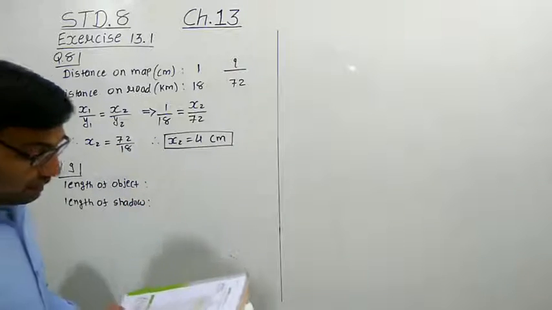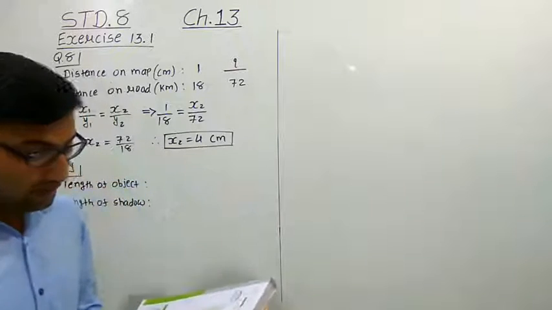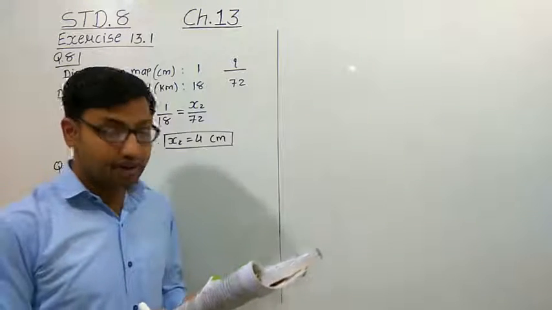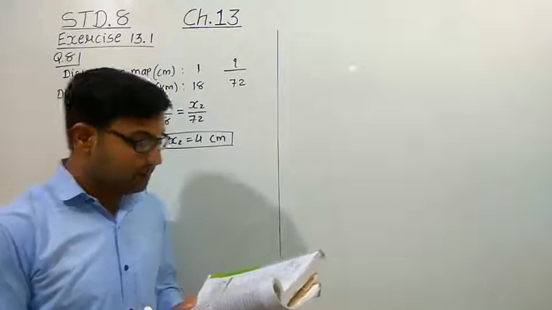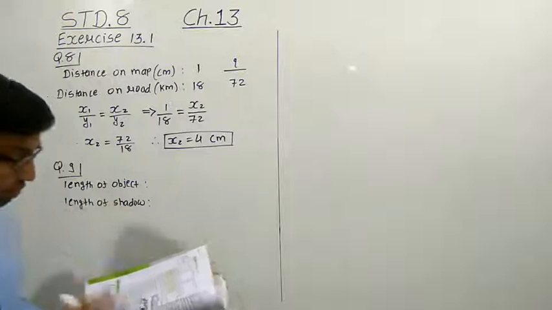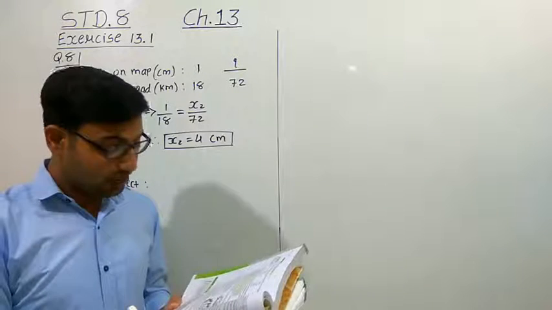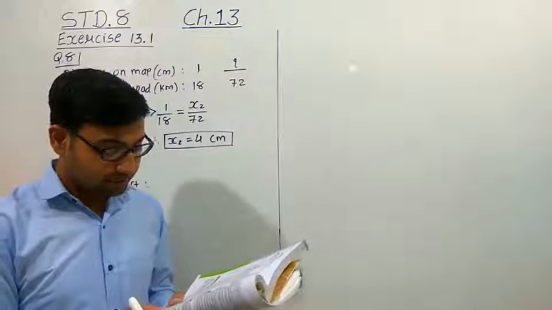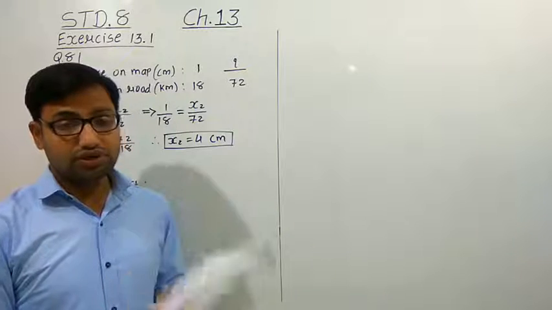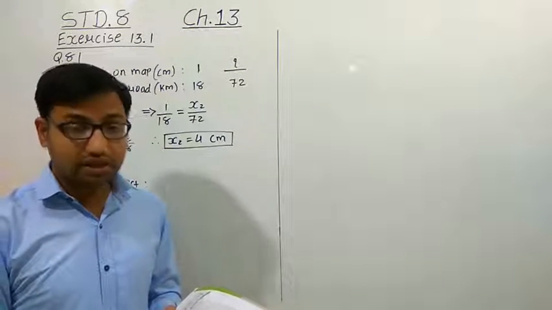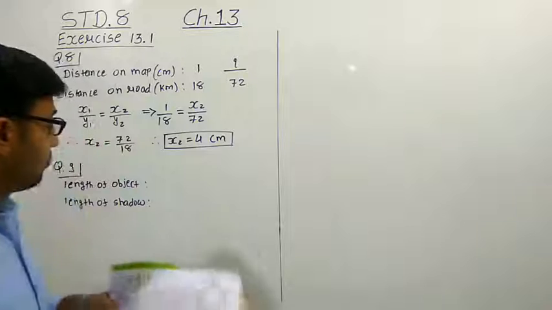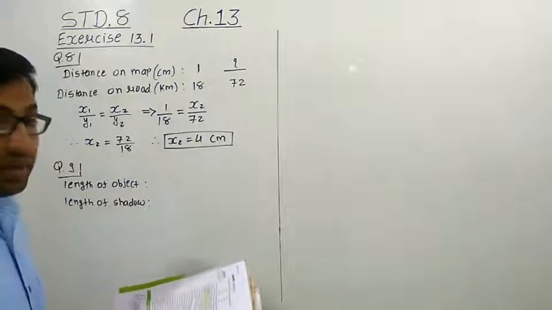So first of all, the 5 meter 60 centimeter high vertical pole. This is the actual object, and its length is 5 meter 60 centimeter. Here two units are given together, that is 5 meter and 60 centimeter. So we have to convert that into centimeter, right?